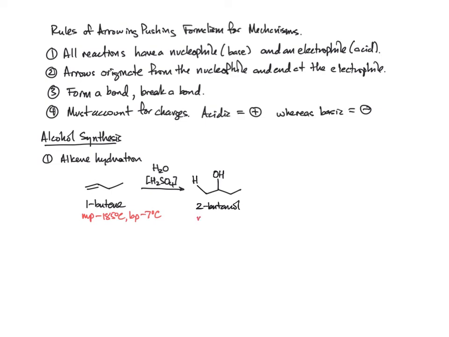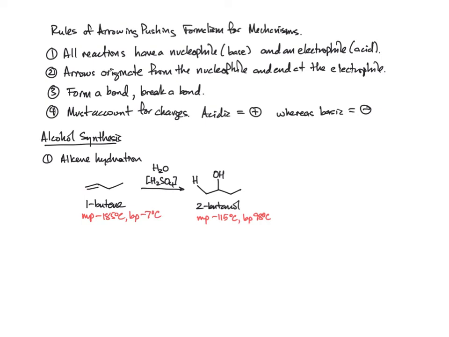This has a melting point of -115 degrees C, a boiling point of 98 degrees C. And so just from this overall transformation, what should you be cognizant of? Again, we're taking a nonpolar molecule with these physical properties.